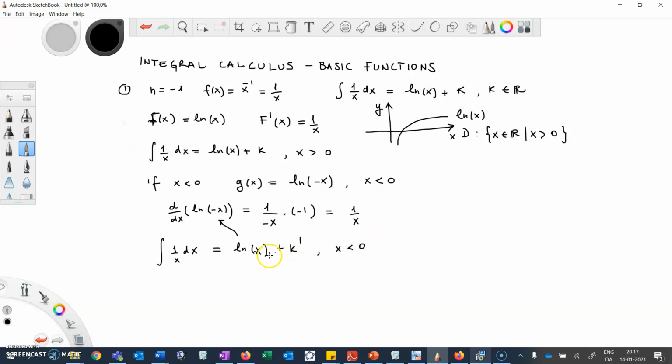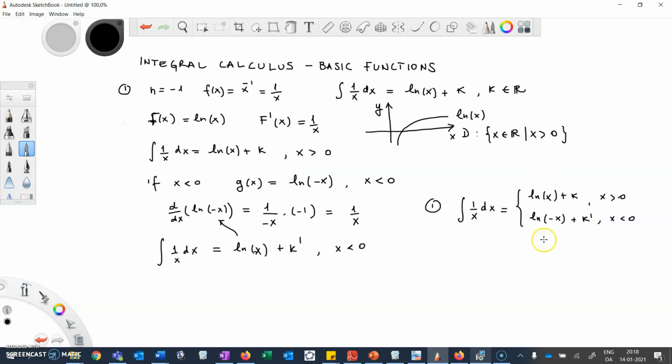So what I find is that, number one, this integral, let me write it like that, is equal to ln of x plus a certain constant for x larger than 0, and I'm discovering that it's ln of minus x plus a generic other constant for x less than 0.